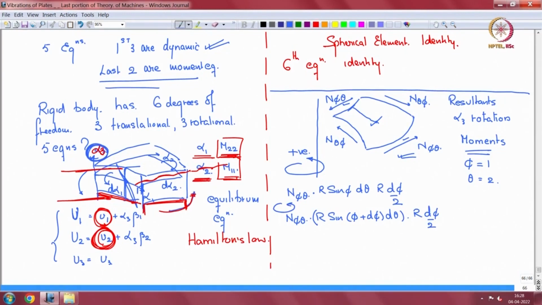Then the reverse moment due to these two. What is that? Minus n theta phi, I am ignoring the increment here and the length is the same. So I get minus n theta phi made into a force r d phi, and the mean length between the two, which is r sine of phi plus d phi by 2 d theta.